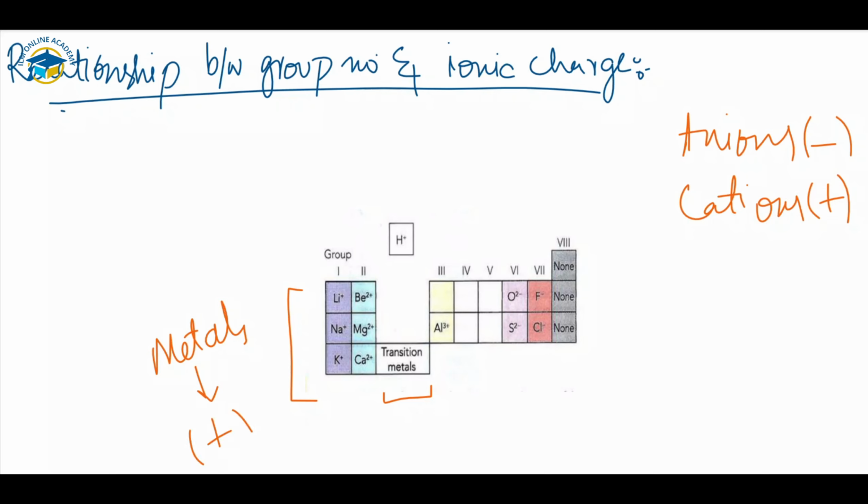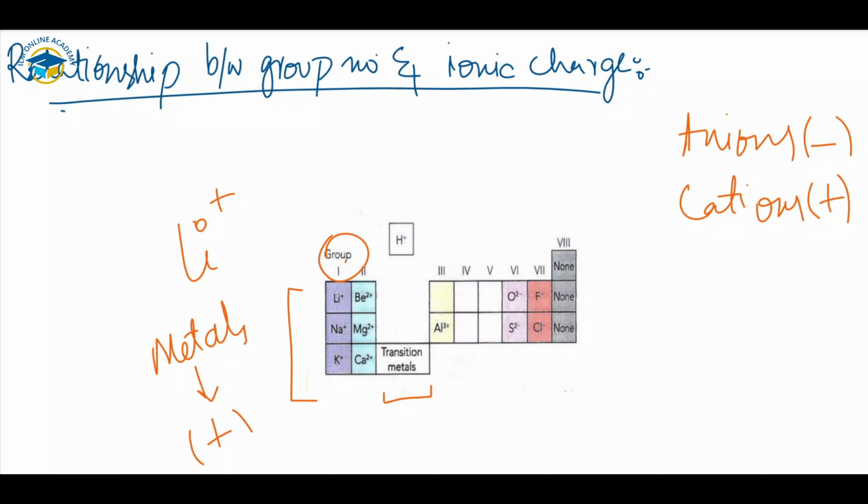In group 1, all the elements form a cation with just one positive charge. These atoms have lost their outer electrons to form the ion, and in group 2 they have a charge of +2.